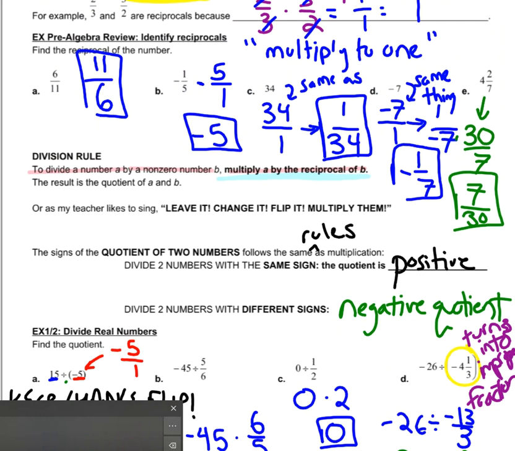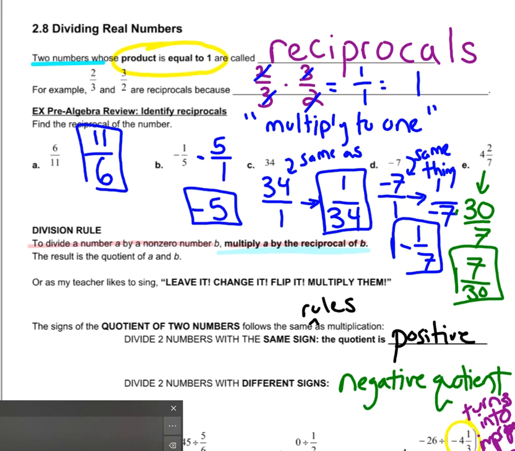A reciprocal is a number that you multiply to another number to make it equal 1, aka, if it's a fraction, just the flip of that fraction. And last rule is division follows those same sign rules as multiplication. So divide two numbers with the same sign, the quotient is positive. Dividing two numbers with different signs, you get a negative.